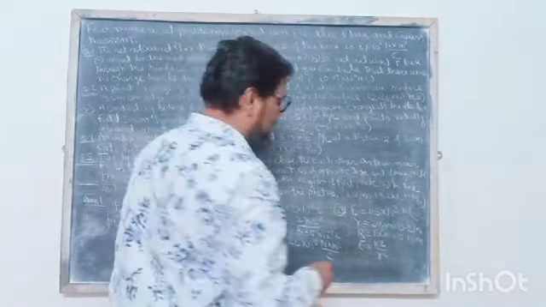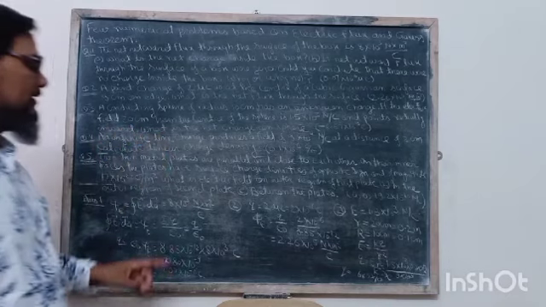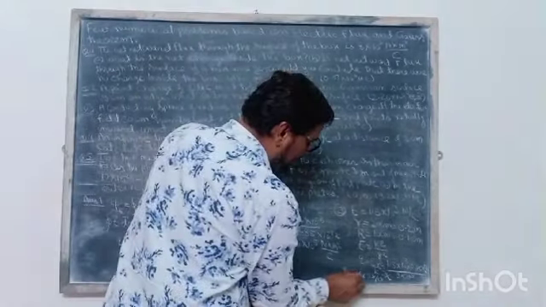This is the answer of question number 3. Since the electric field intensity is radially inward, the nature of the charge will be negative. So the answer of question number 3 will be minus 6.67 into 10 raised to the power minus 9 Coulomb.